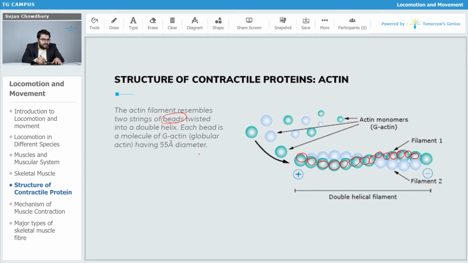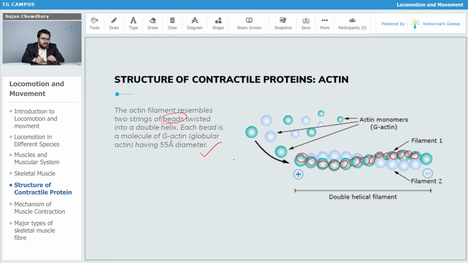So each bead is a molecule of G-actin or globular actin that is having a 50 angstrom diameter. So we are having two strings of bead twisted into a double helix, and that is how the actin, the thin filament of muscle fiber, looks like.